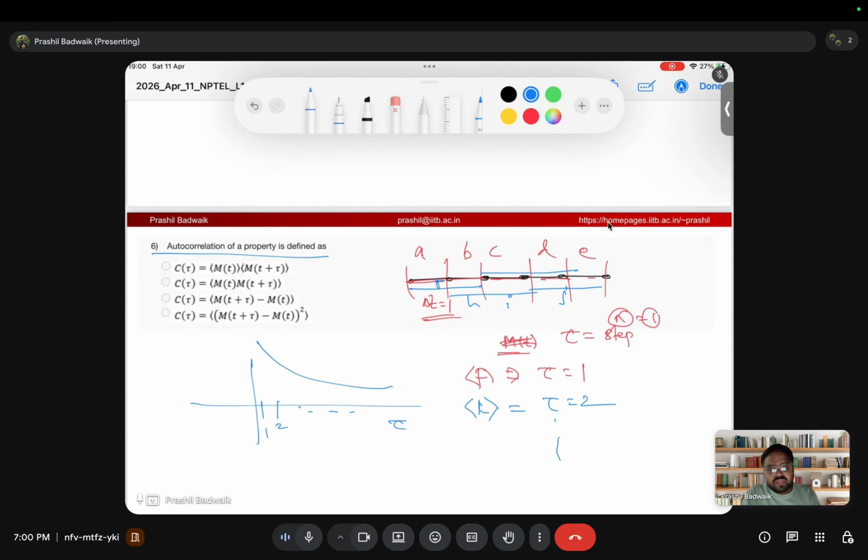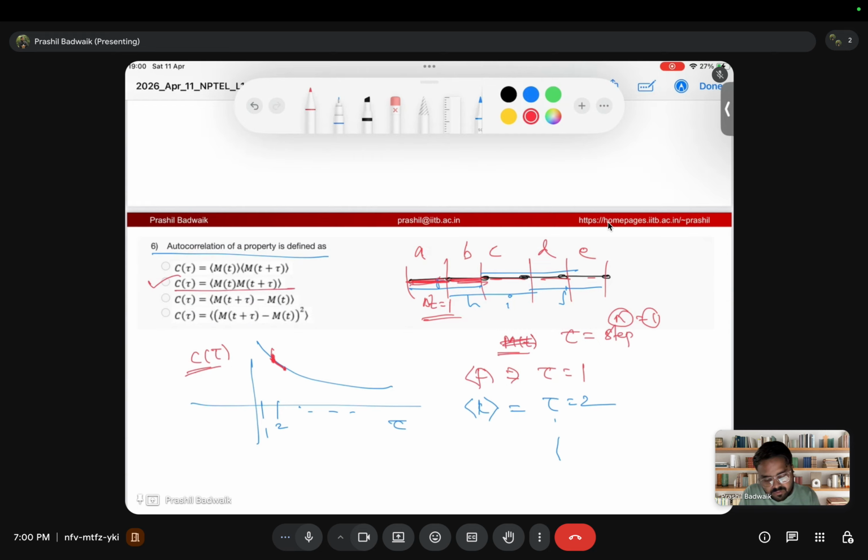Then m at t and m at t plus delta t, that we will calculate. And this is called the autocorrelation function, that is c of tau. C is a function of tau. So we'll calculate any property at time t and time t plus delta t. For example, this and this, what is the relation? So the option is this.